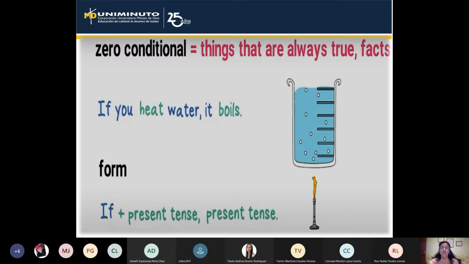Okay. With this exercise, we are going to check the first conditional sentence, okay? I am going to share with you. Okay, wait a minute.